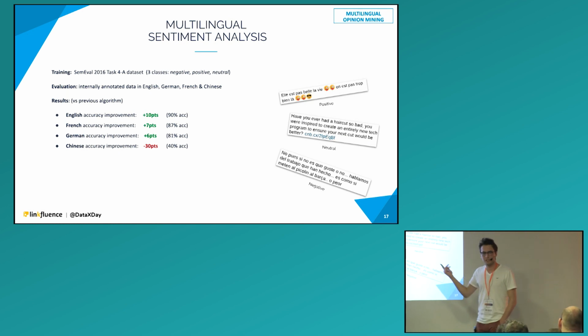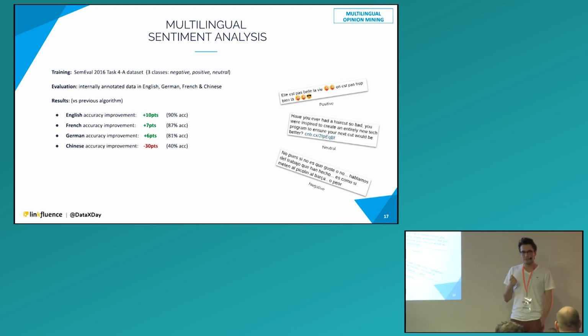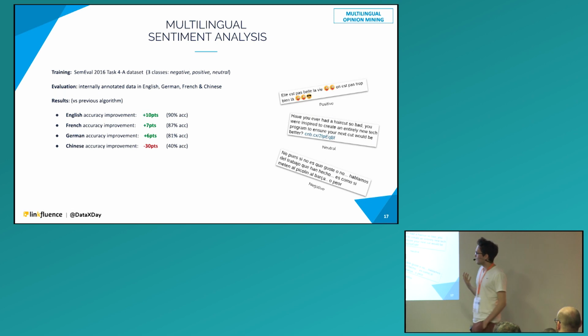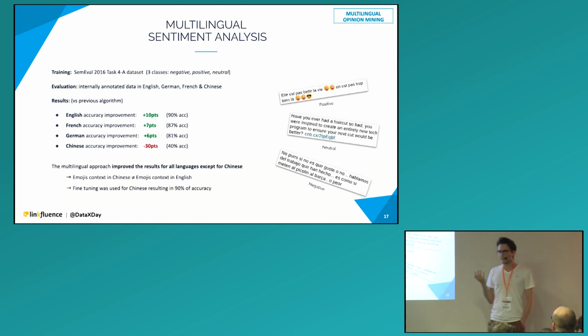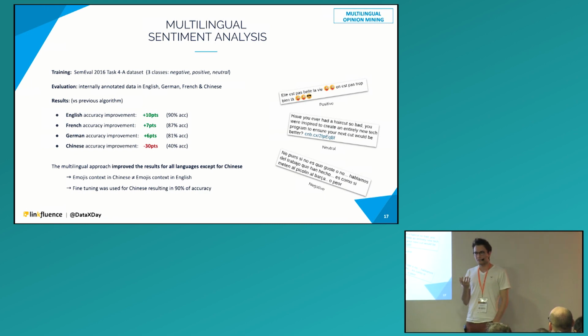However, when we look at Chinese, it's actually a big decrease in accuracy, minus 30 points. And that's a real question. Why is that? When we tried to guess why, we discovered that the context in which emojis are used in Chinese is really different from the context in which English people use emojis. For example, a smiling emoji won't have the same meaning for Chinese people as for English people.